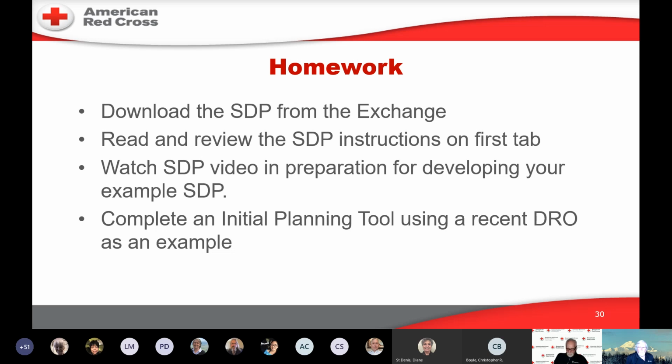Yeah. One thing I would say about the service delivery plan, this is one document I would not put on your desktop. This is one where I would go to the Exchange and download it every time you start it. It changes.